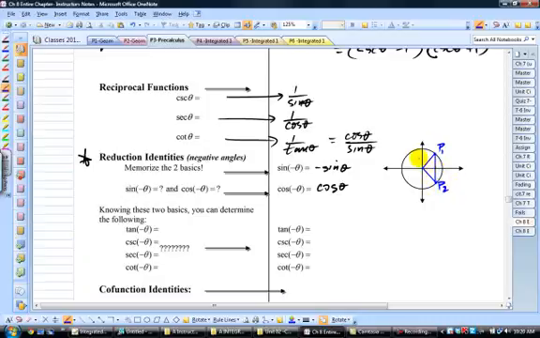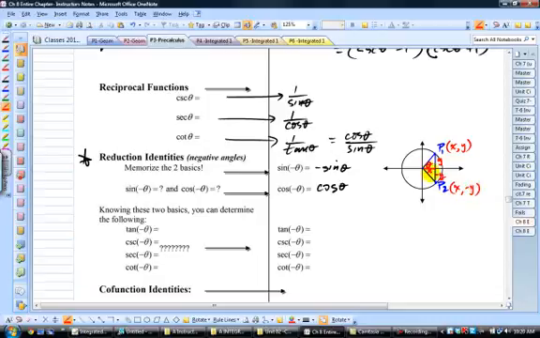Now on P1, if this is x here and this is y, its coordinates are x comma y, given your theta here. And P2, there's some symmetry involved here too, by the way. So you go x to the right and y up. Now to get to P2, you got to go x to the right and y down, or the opposite of y. So its coordinates are x comma negative y.